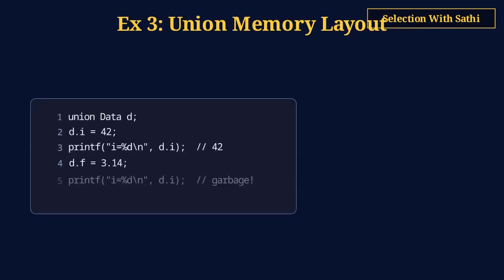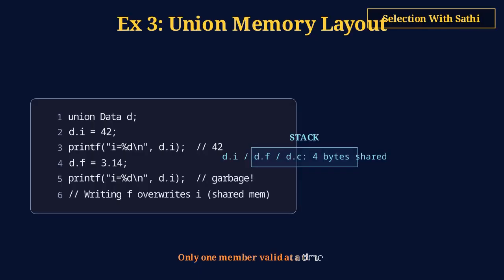Third example: union memory layout. We define union data with an int, a float, and a char. The sizeof is 4 bytes, the size of the largest member, which is int or float. Now here is the interesting part. We set d.i to 65. When we print d.c, we get capital A. Why?